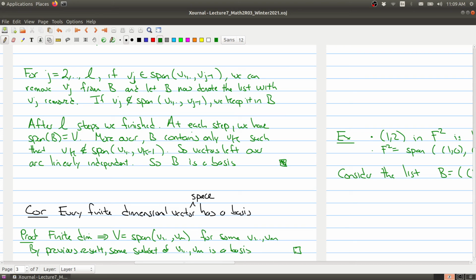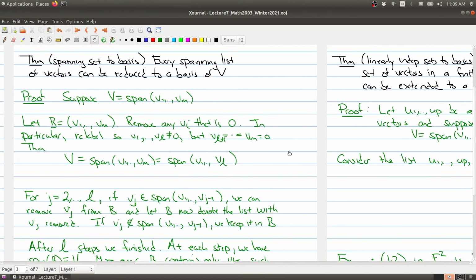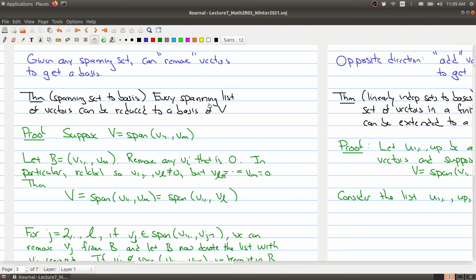So every finite dimensional vector space has to have a basis. This is a very useful result: you can start with a large list of vectors that spans your whole space and remove extraneous vectors to get a basis for your vector space.